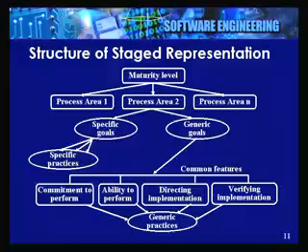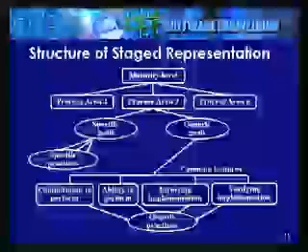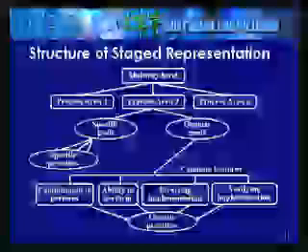Okay. Now, again let us look at the slide and see what the basic organization of the various goals and practices in the process areas is. If you look at it as a bottom up approach, at the bottom you see practices, generic and specific.